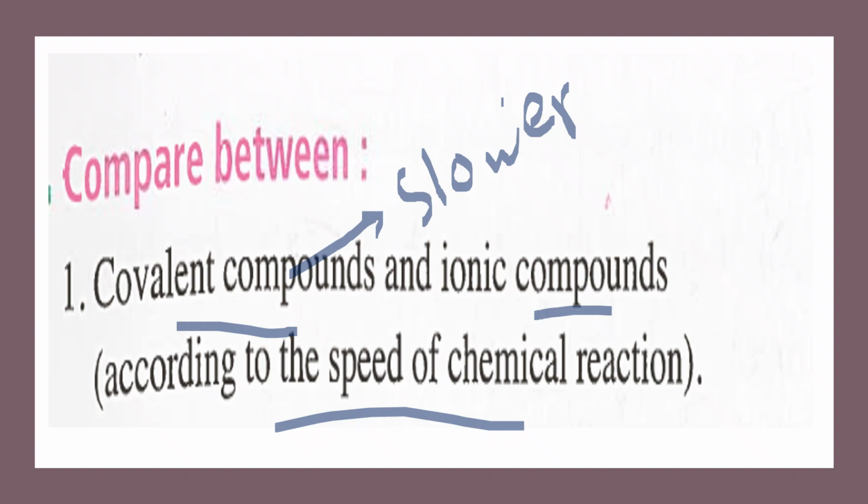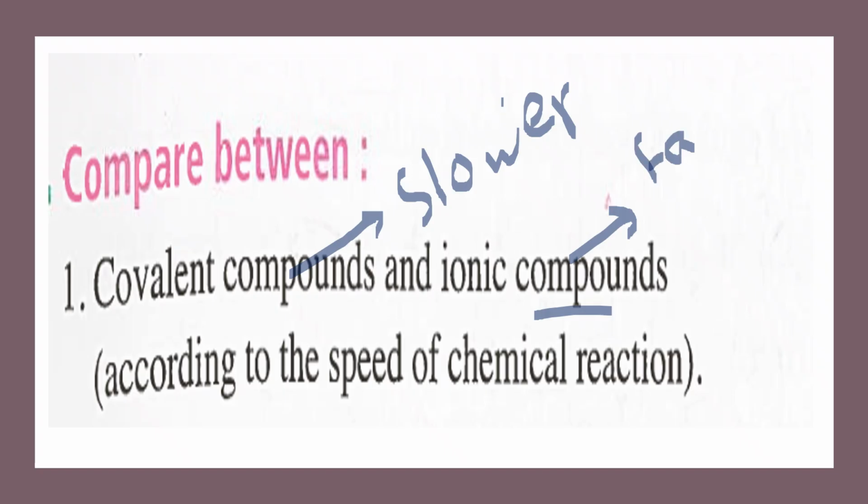So the reaction of covalent compounds is a slow reaction, while the reaction of ionic compounds is a fast reaction. Why? Because ionic compounds are made of ions, and the ions can be easily dissolved in water. So according to the speed, covalent compounds are slower, ionic compounds are faster.